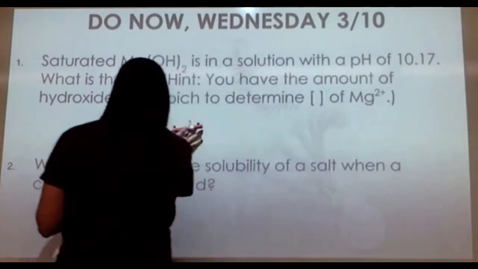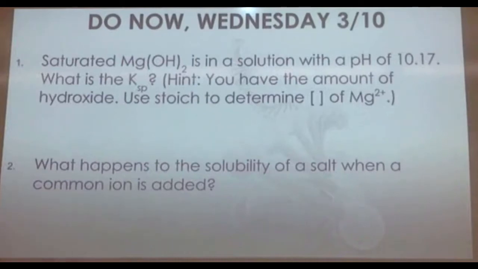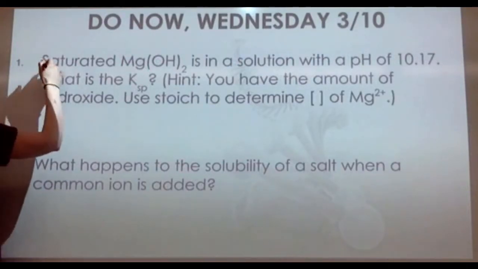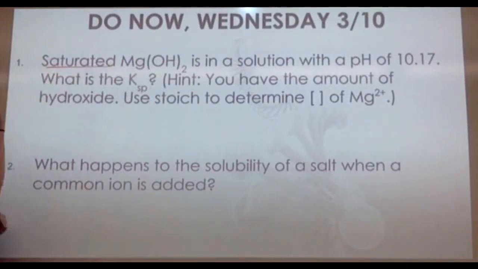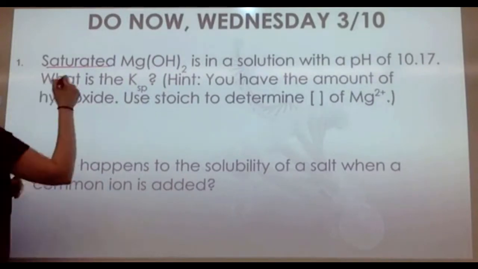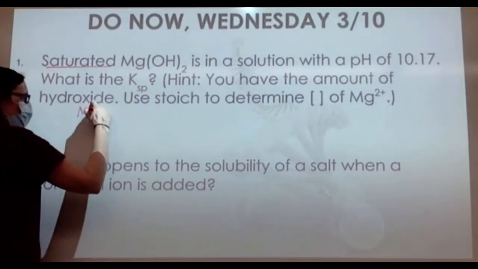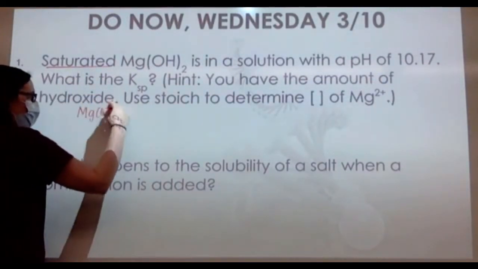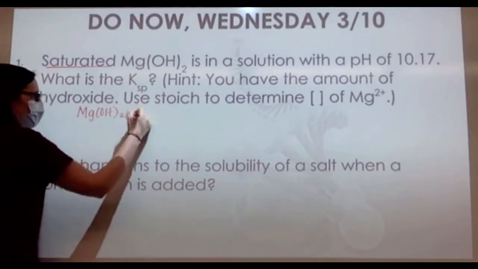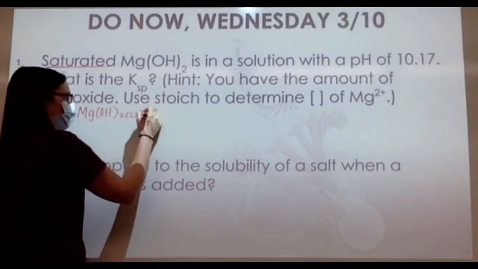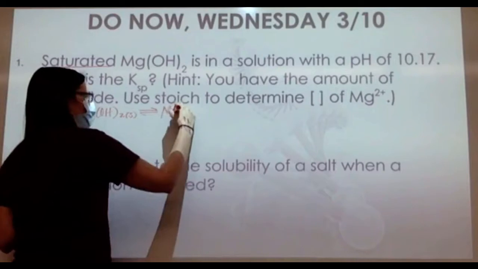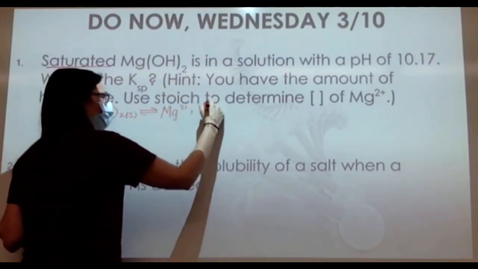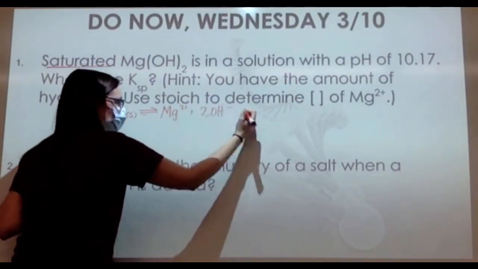So before we worry about the hint or even worry about calculating, when something says saturated, that means that the solid is at equilibrium with its ions. So saturated magnesium hydroxide, we start by writing the equilibrium equation: Mg(OH)2 solid at equilibrium with Mg2+ plus 2 OH minus.